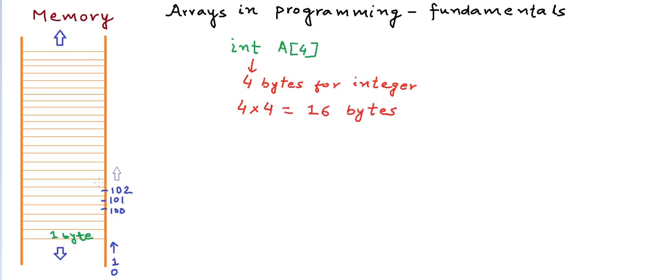When the program executes, the computer allocates 16 contiguous bytes in the memory for this array A. So the computer kind of allocates 4 contiguous blocks of 4 bytes each. The first block or the first 4 bytes will correspond to A0, and the next 4 bytes or the next block will correspond to A1, and similarly we will have A2 and A3 as well.